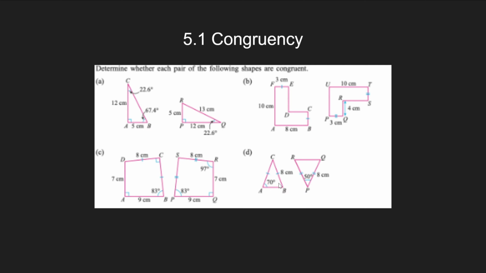So 180 degrees minus 70 degrees minus 70 degrees, you get the angle C is equal to 40 degrees. And you can see that the angle of RPQ is 50 degrees. Hence, both shapes are not congruent.